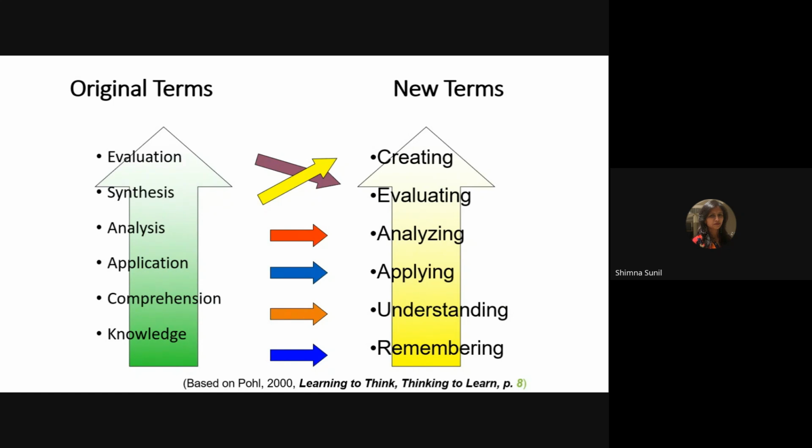As you can see the change very evidently here, the major changes: synthesis is removed and evaluation has taken the fifth position, and synthesis is completely taken out from there, and a new cognitive level has been built there, and that is called creating. So are we aware of this?